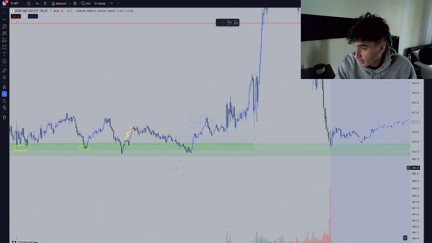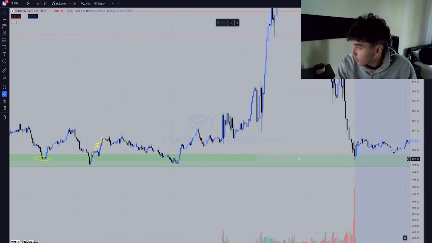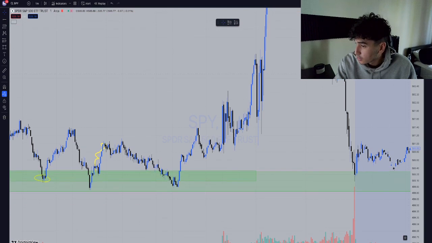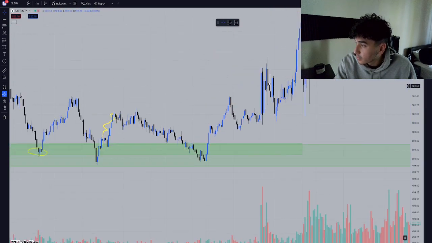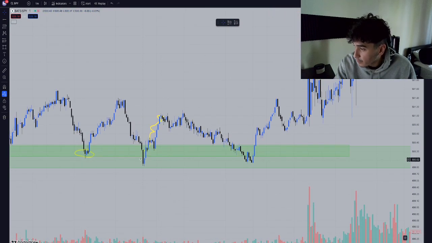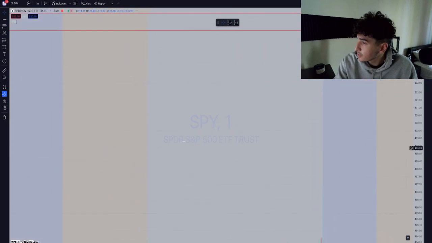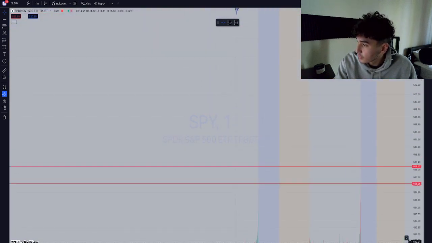So let's go ahead and see here. We can mark out, let's go ahead and extend it out so we can see a little bit better. So we can obviously see a base within price right here. Oh my God, what just happened? Why does TradingView keep doing this to us, guys?